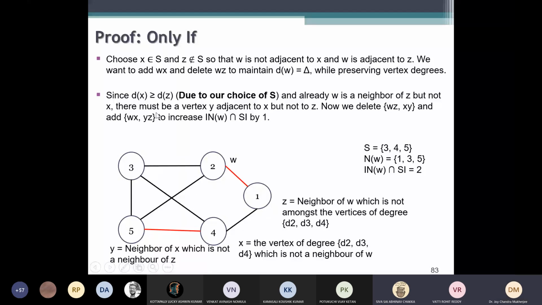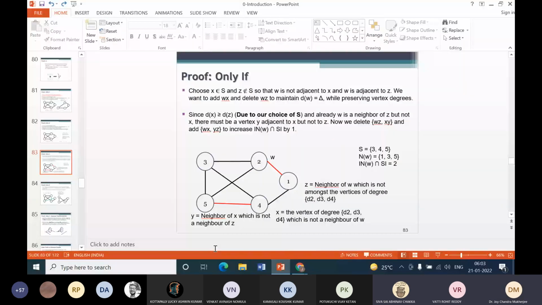There must be a vertex Y adjacent to X which is not adjacent to Z. So this is my Y. So my question is, can I choose this as my Y? Because X's neighbor is this. I think, yeah, I also can do that also.